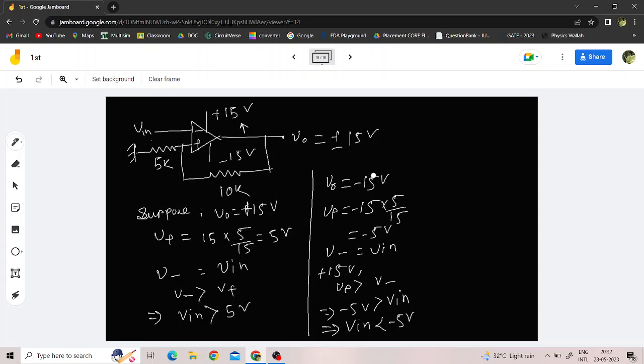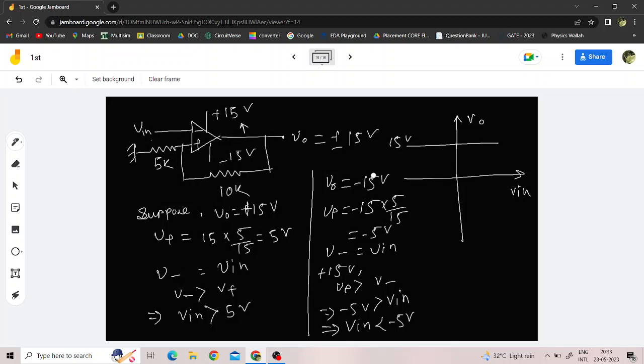Okay, now let's draw the transfer characteristic here. This is my V in and this is my V out. So the output stays at plus 15 volt, but when the input becomes greater than 5 volt, the output becomes minus 15 volt.